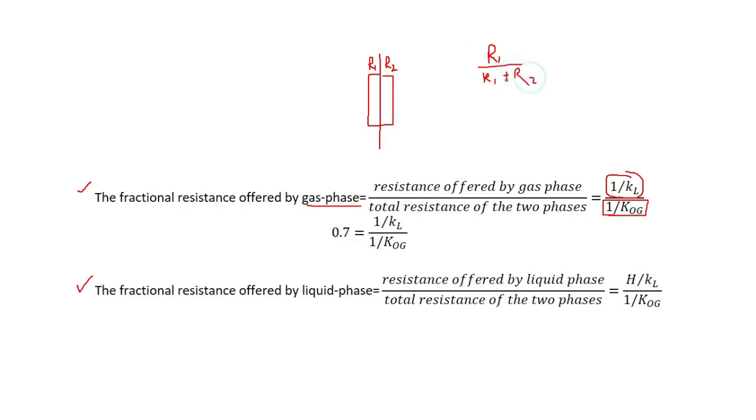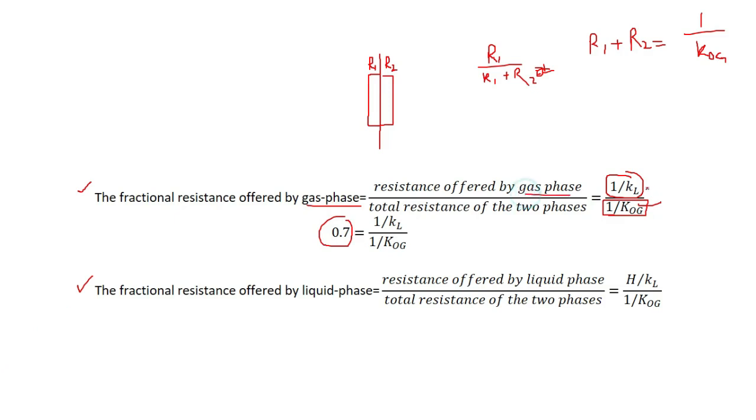So R1 is represented by 1 over kg, and R1 plus R2 is equal to 1 over kog. Let me write it again, just for the sake of understanding. So the fraction resistance offered by the gas phase is 0.7. Sorry, there is a mistake.